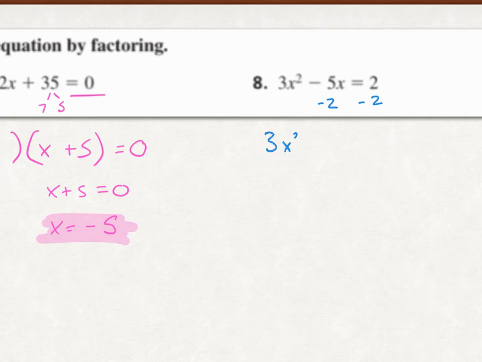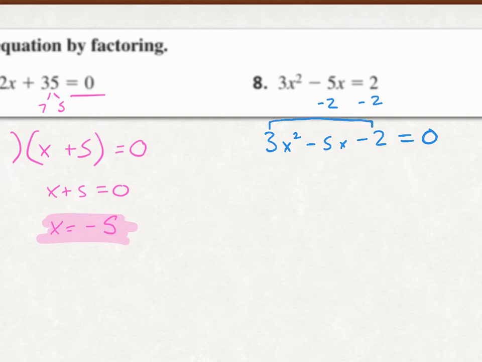So we have 3x squared minus 5x minus 2 is equal to 0. Now we can factor. What do we have to do first to factor? Multiply the 3 and -2.